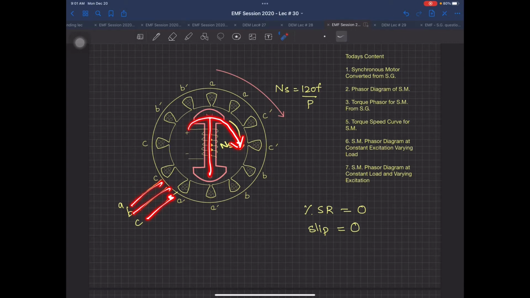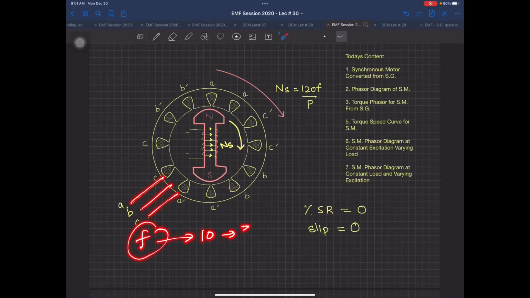The third way, which is very important on this machine, is that you have supposedly a supply which can have a frequency from 10 to 30 hertz. Give a reduced frequency, which means now ns will be a little slower, and the rotor can follow it. These are three mechanisms.